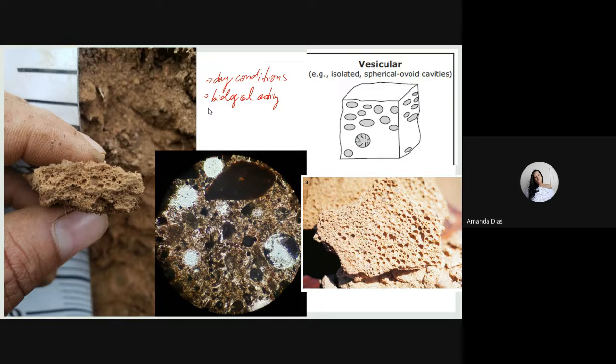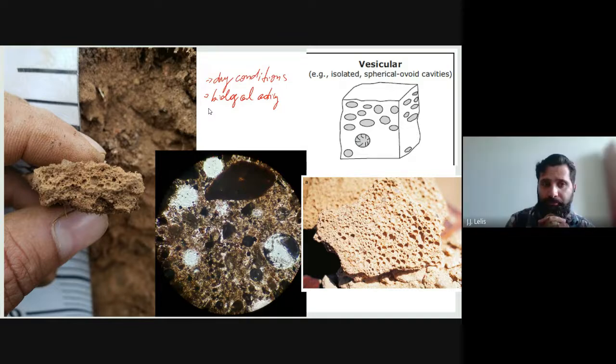I think it is approximated with biological activity, I think.